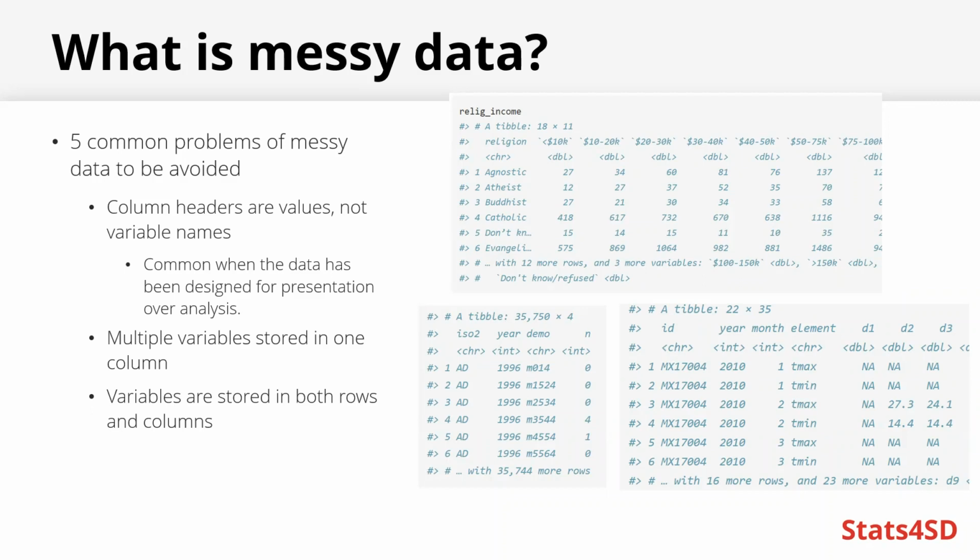These are income values in themselves, and perhaps not great for naming our columns. For one, they aren't good column names. But you can see how this would be a better suited shape for presentation and not necessarily for analysis.